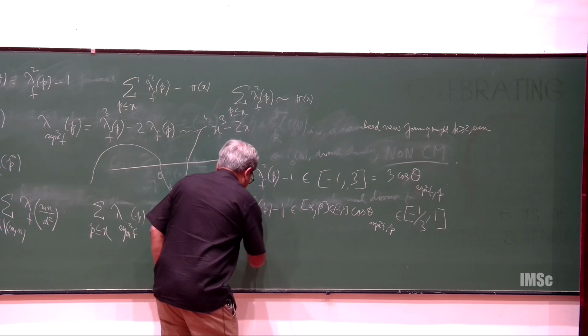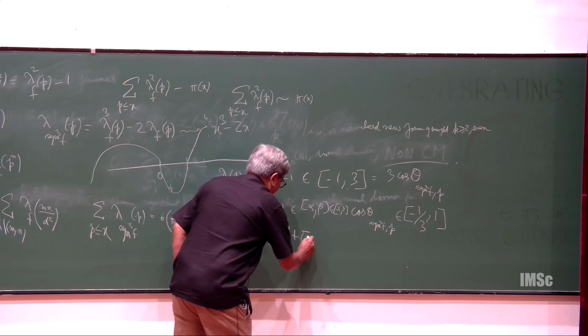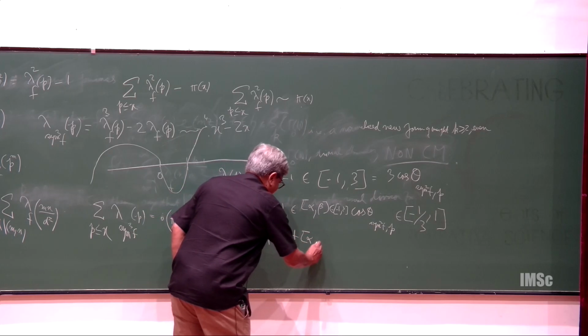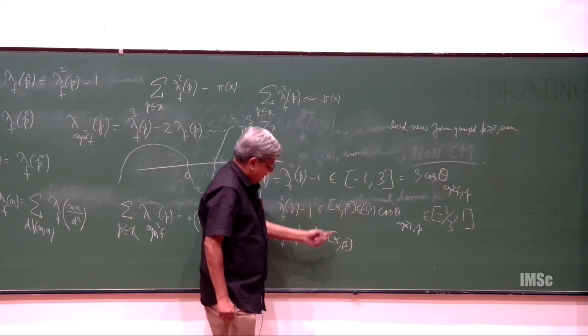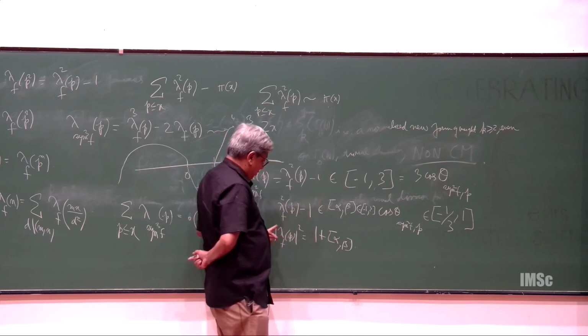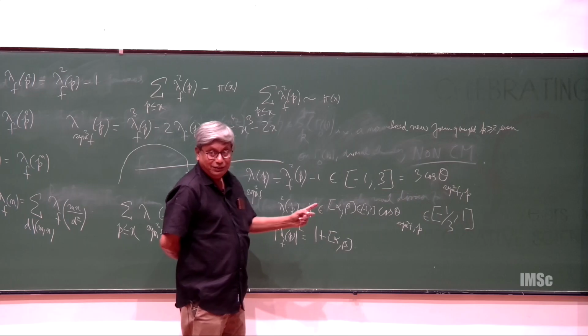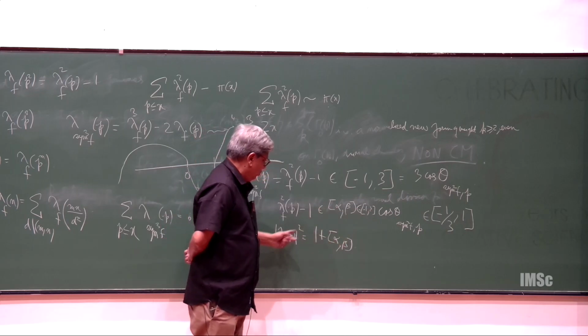Then I get |lambda f_p| squared is 1 plus alpha comma beta. But the minimum value of alpha is -1. So even if I put -1, 1 plus -1 is 0, because the square has to be non-negative, because lambda f_p is all real. And at the maximum 3 it is 4, so it's root.